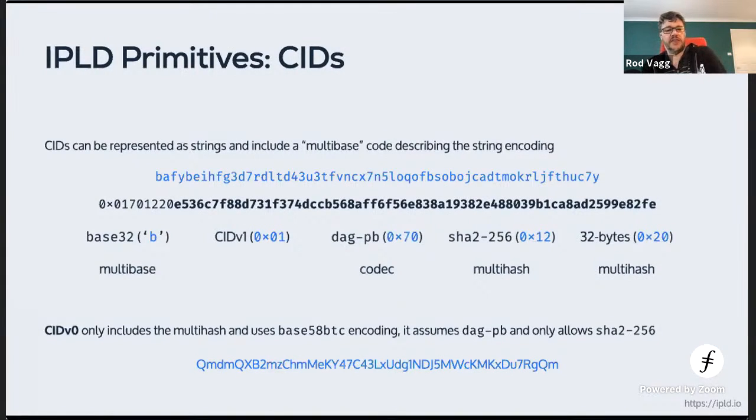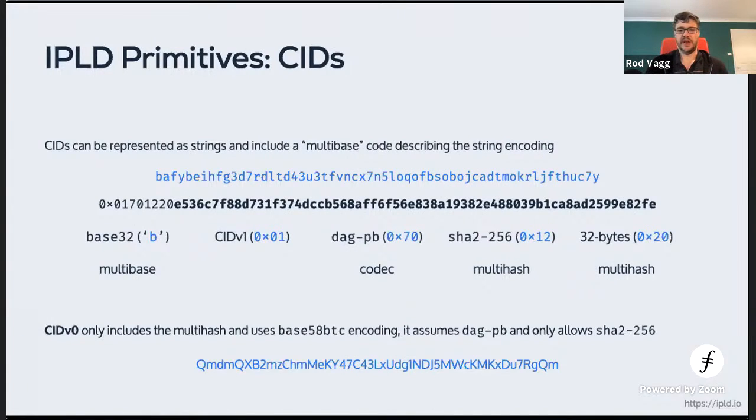Now, CID has a version 0, which you'll commonly see around the web. This has been deprecated, and we wouldn't advise you using these in anything new. But when you encounter them, you'll see them. They start with a capital Q. That tells us that multibase is base 58 etc., and we can use that to decode the rest. CID version 0 assumes DAG-PB.